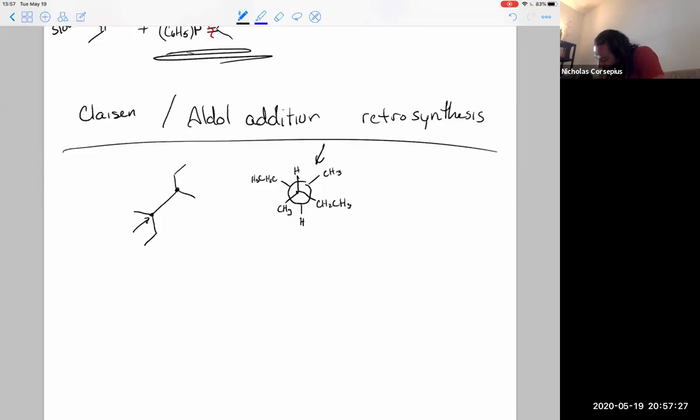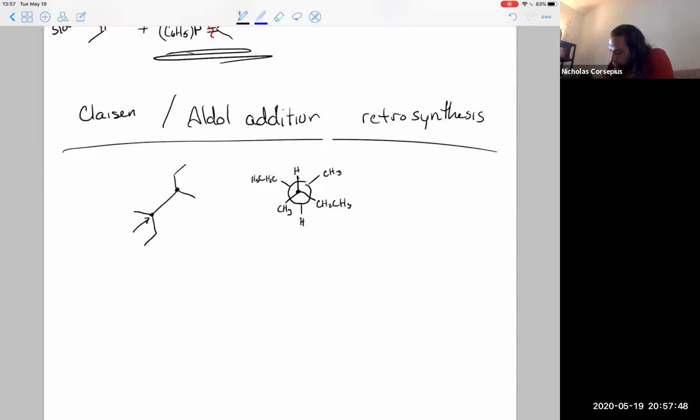So for this front carbon here, we want to try to be looking at it from this direction so that we can put this hydrogen up top in the back. See if you guys can, this is a tough one, I'm not going to lie. Take a second and see if you can assign stereochemistry for the front and the back carbon.